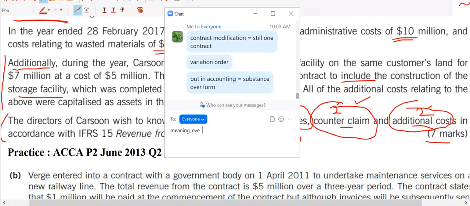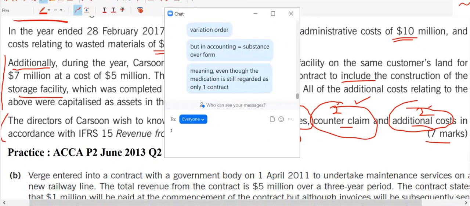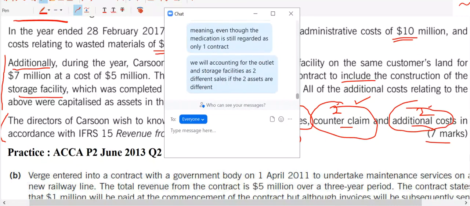Meaning, even though the modification is still regarded as only one contract, we will account for the outlet and storage facility, which is the warehouse, as two different sales if they are different.